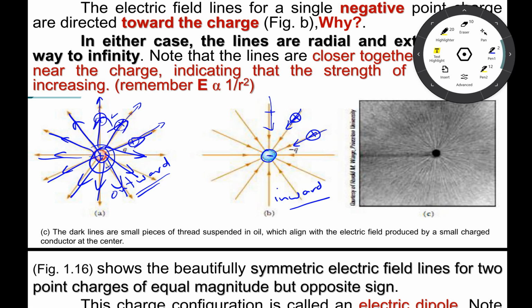Also, as we said before, the magnitude of the electric field due to a charge is a constant multiplied by the charge over the distance squared. So increasing the distance will decrease the value of the electric field.